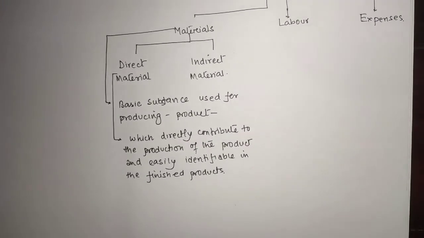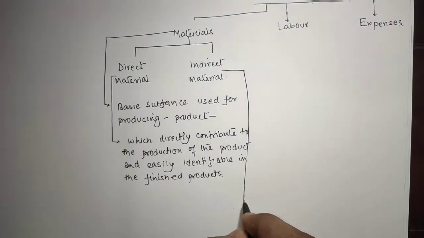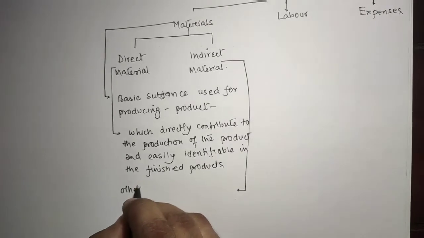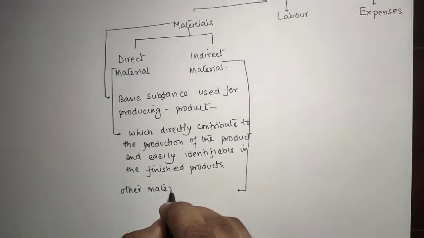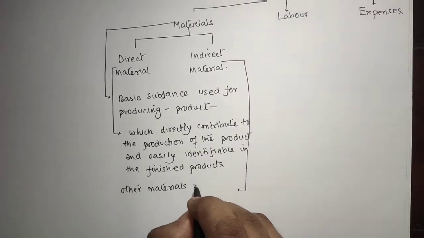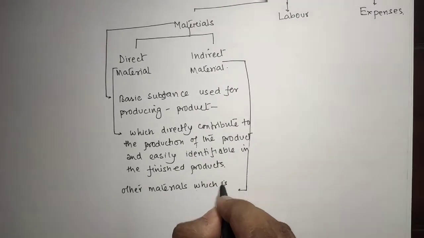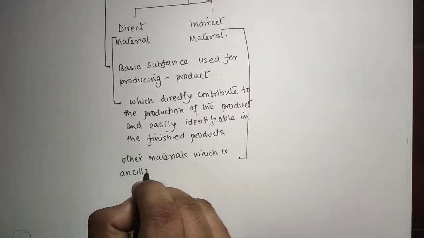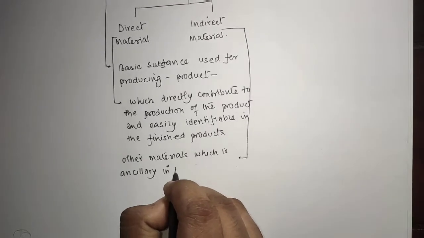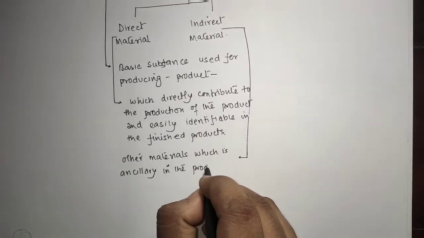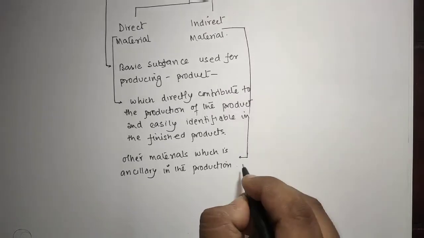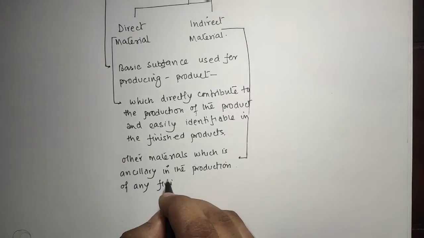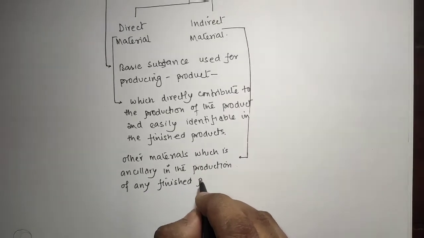Okay. Then what is indirect material? Indirect materials are other materials which are ancillary in the production of any finished product.